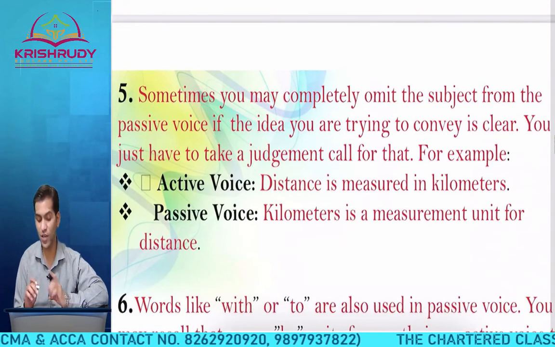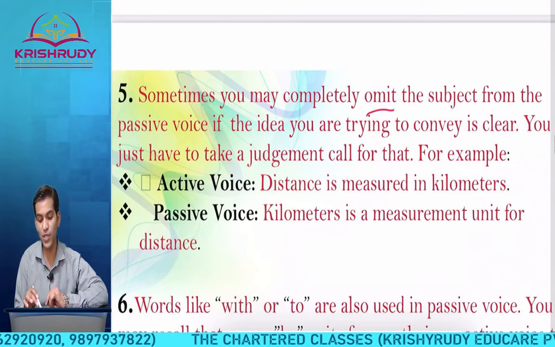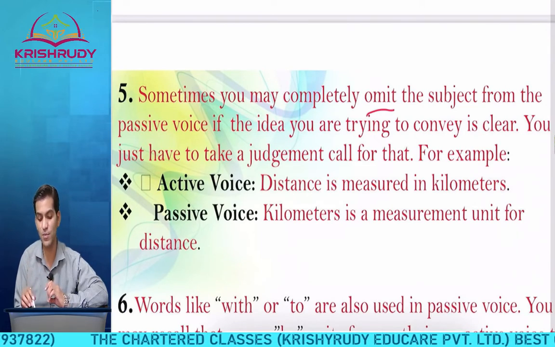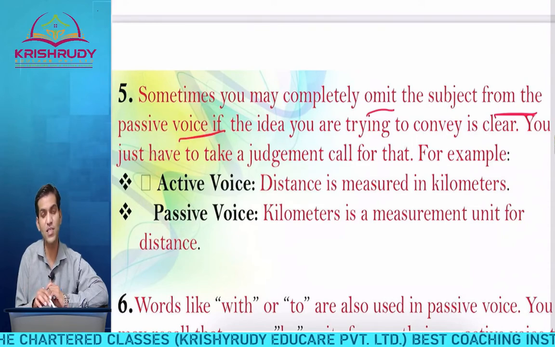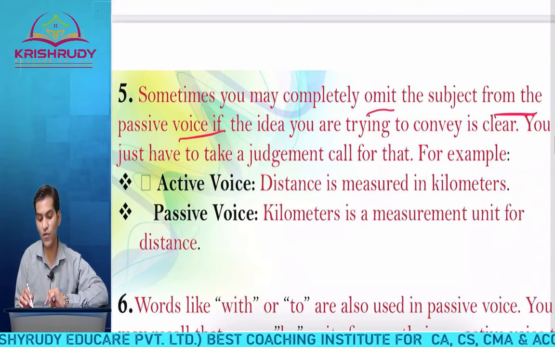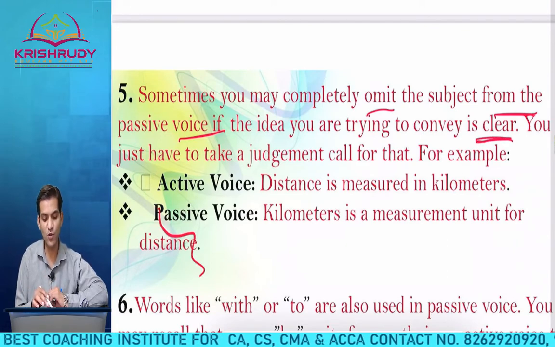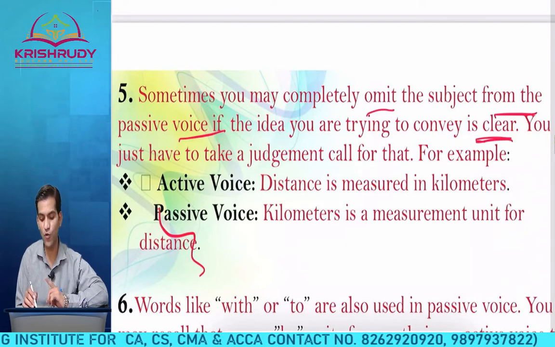Omit here means you have to remove the subject from the passive voice if the idea you are trying to convey is clear. You just have to make a judgment call for that.